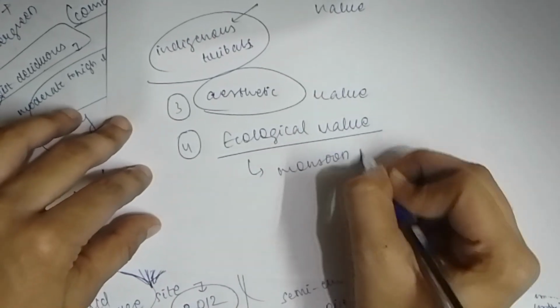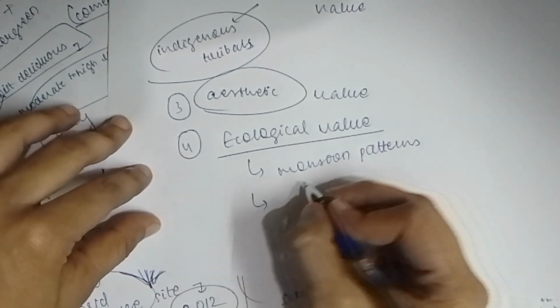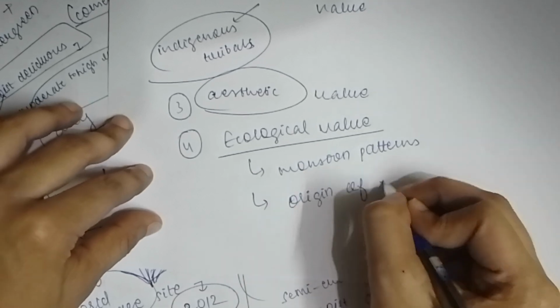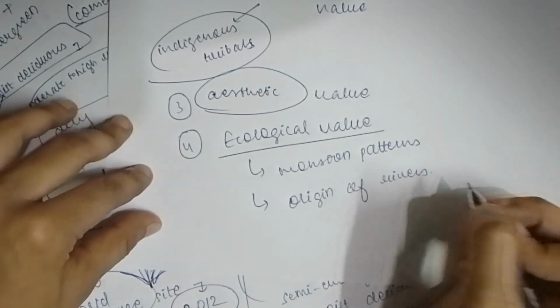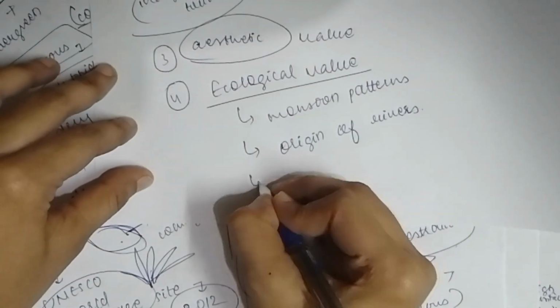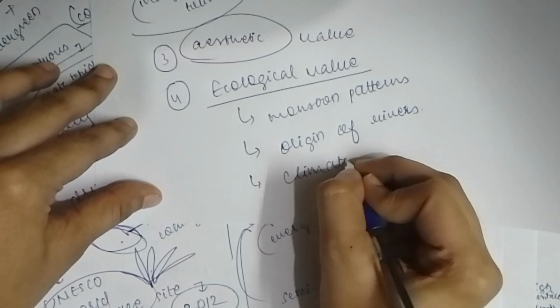It regulates monsoon patterns in that area, and it is also home to the origin of rivers, which provide water to millions of people. The Kaveri river originates here. Then it also plays a major role in climate change mitigation.